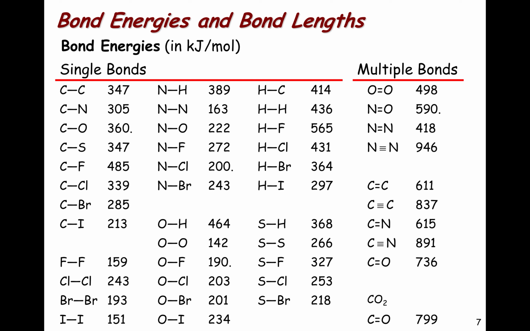So we can use these bond strengths in a variety of types of calculations and make predictions about overall bond energies, and then the heat that might be released when doing various kinds of reactions.